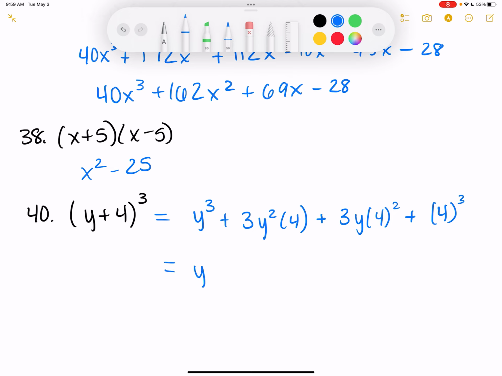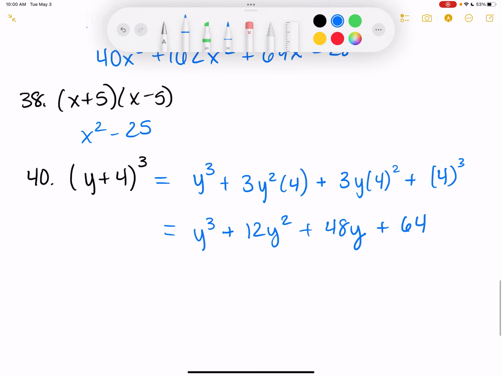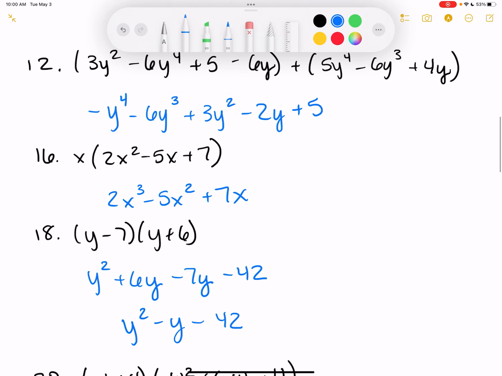So y cubed plus 12y squared plus 48y plus 64. 16 times 4. Great. So you see how it follows the pattern? All the way back from a while ago.